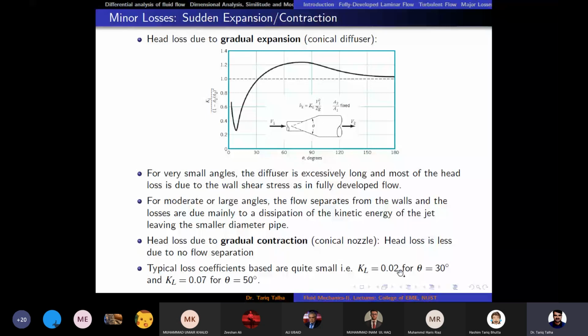So that's why the KL value is very small in case of gradual contraction as compared to gradual expansion. For gradual expansion, its value can be greater than 1, but for this, its value is quite less, 0.02 and 0.07, right?